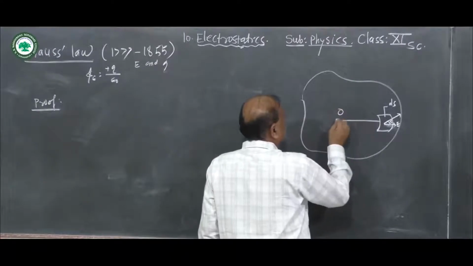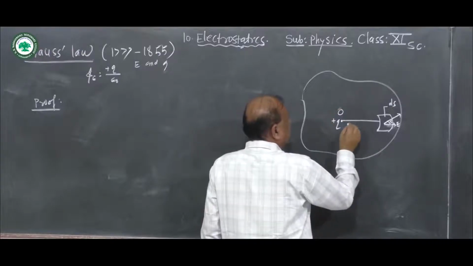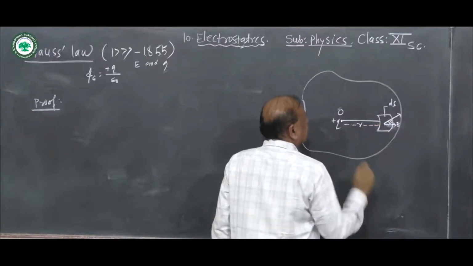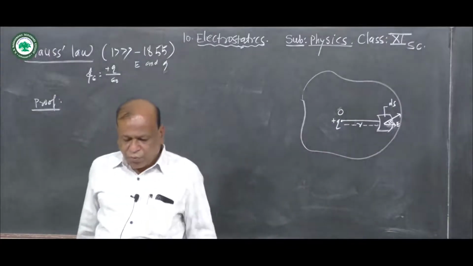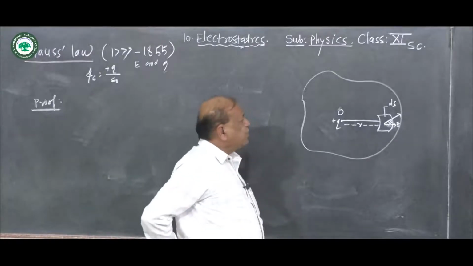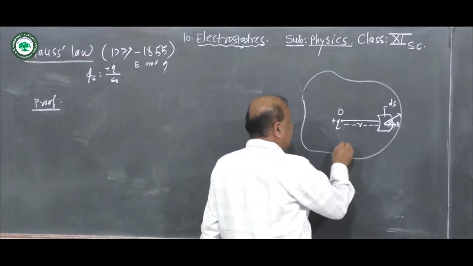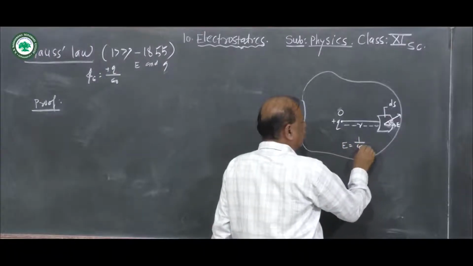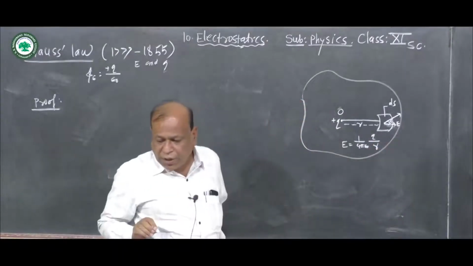Now here this charge plus Q is situated at this point O, and this surface area ds is separated at distance R from point O. In the previous lecture we obtained the expression for electric field intensity at a point due to a charge: E is given by 1 upon 4 pi epsilon 0 Q divided by R square.